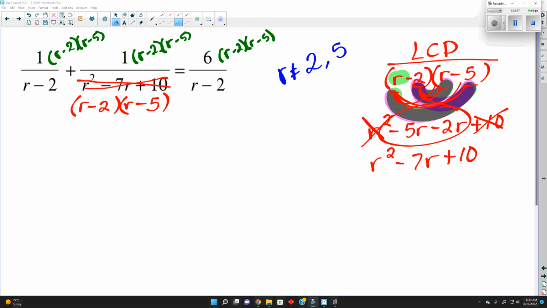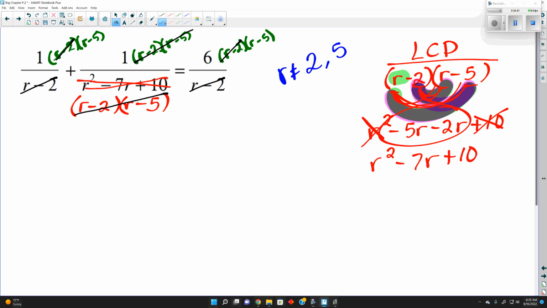So let's see what cancels out. Now in the first one here, r minus 2 and r minus 2 would cancel. In the middle one, well, r minus 2 and r minus 5 cancel. And in the last one, r minus 2 and r minus 2 cancel. And again, we kind of have a nice one here to work with.